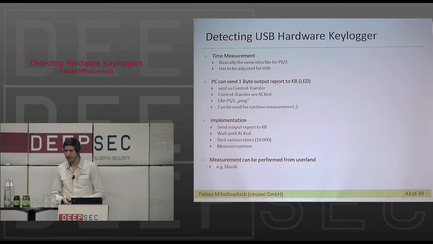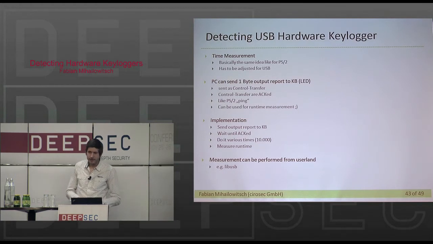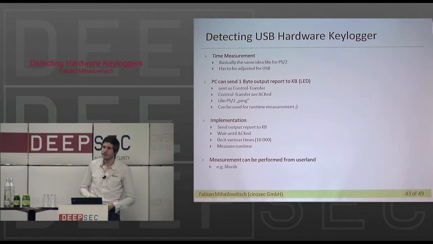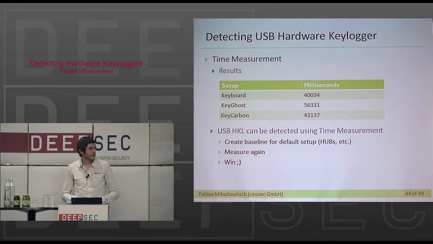The implementation basically looks like this: send an output report to the keyboard, wait until it's acknowledged, do that various times like we did for PS2, and just measure the runtime of it, and we are fine. The cool thing about that is you don't even have to go to kernel land because timing differences are bigger, and you can do it from user land, e.g. using libUSB.